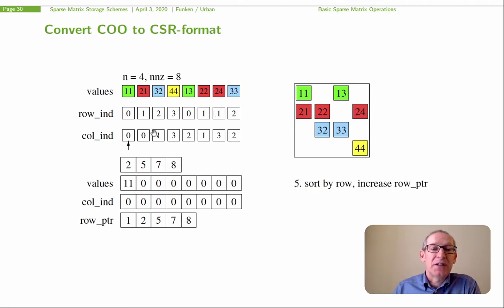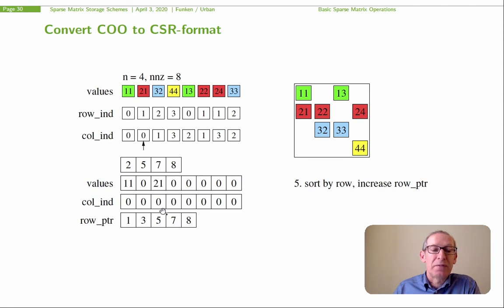So we start here with the first entry. We have the 11. The column index is 0, and we start here. And we see before we increase this in this element. Next one would be 21. It has to be stored in the second row, so that means we start by 2. That will be increased, and we also store the 0.